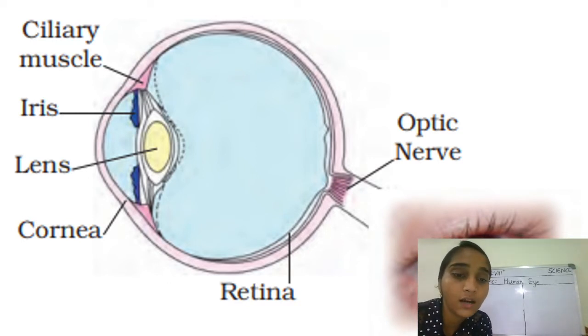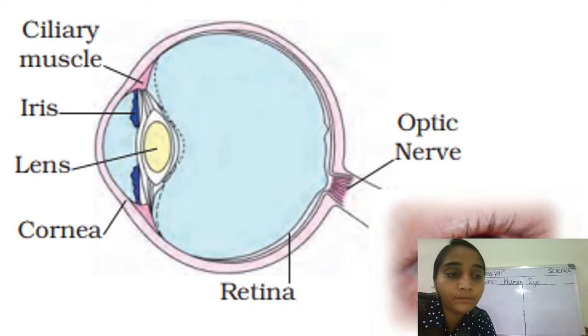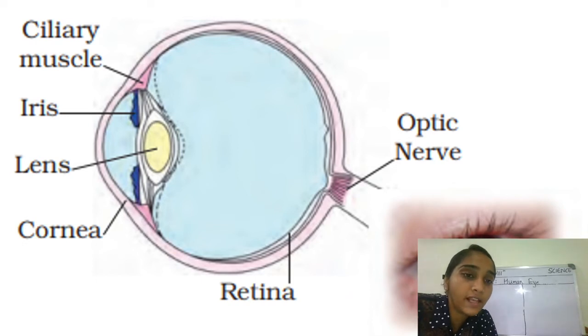So yes, students, now what do you see? Can you identify where is the cornea? Yes, here it is. You can also see the coating. It is the white part, the toughest part, which is covering the whole of our eyes, right? And what else are you seeing? Yes, there are other things also like ciliary muscles, iris, lens, retina, and optic nerve.